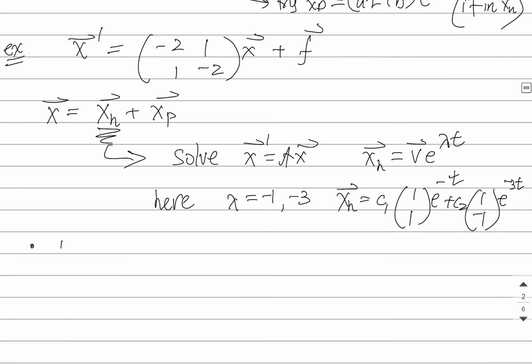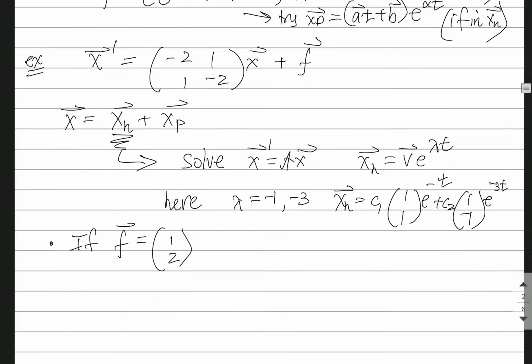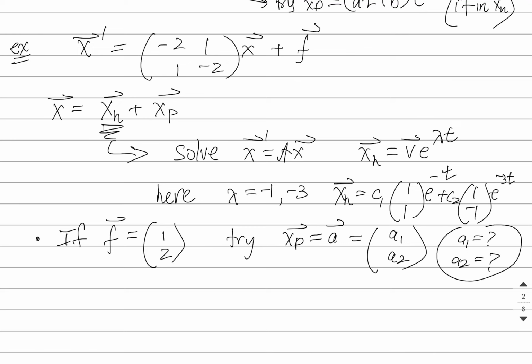Now, if we take this right-hand side f to be, for example, the vector (1, 2), so it's a constant vector, we are going to try a particular solution that is also a constant vector. In a 2x2 case, that means we've got two unknown components that we have to figure out. So our task here is to figure out what these two undetermined coefficients are.